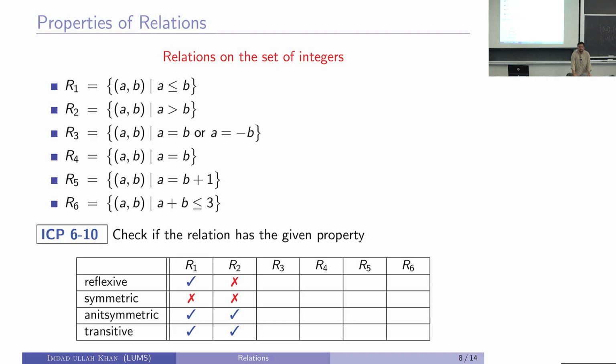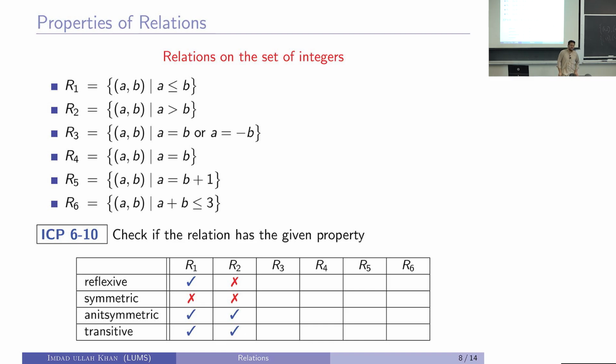A is less than or equal to A. You are right, but you have to be able to say it properly. A is equal to B. Yes, next one.